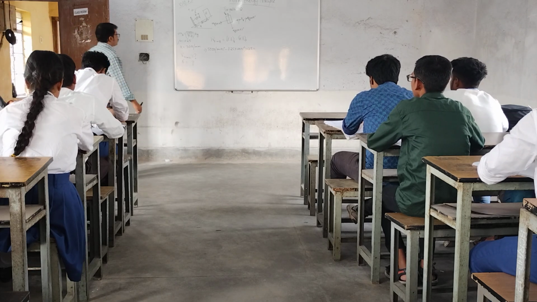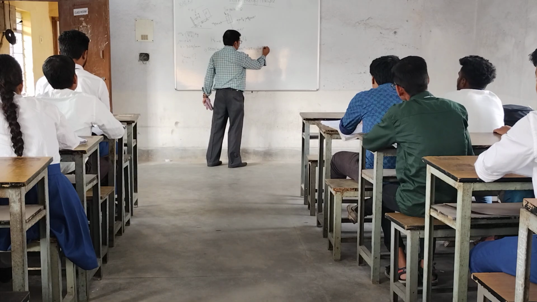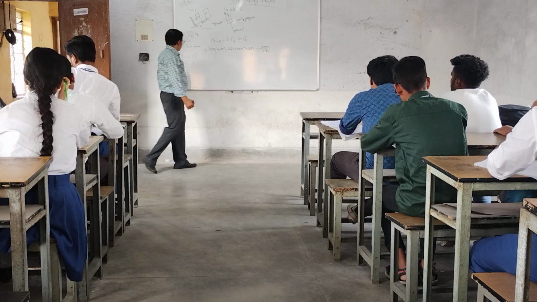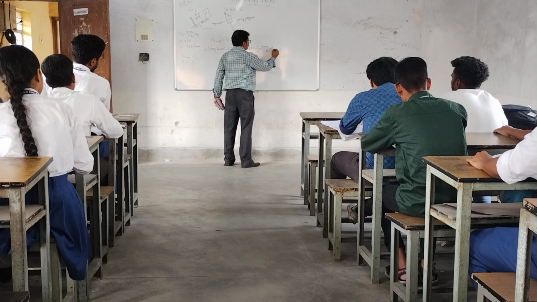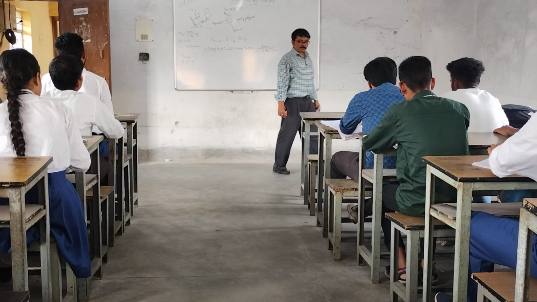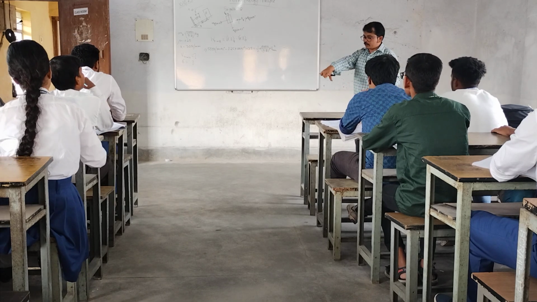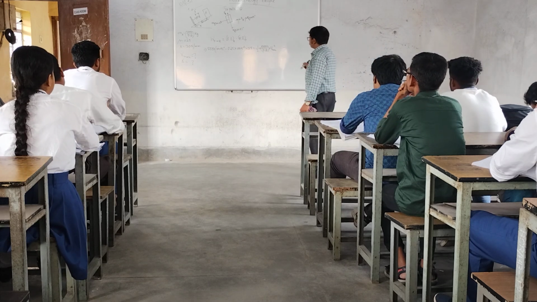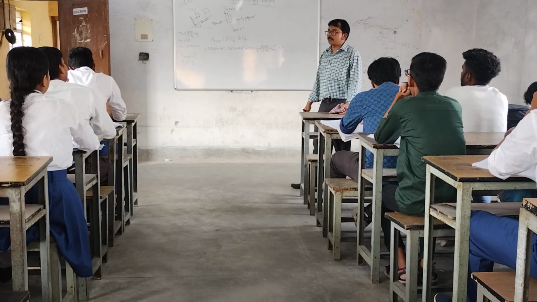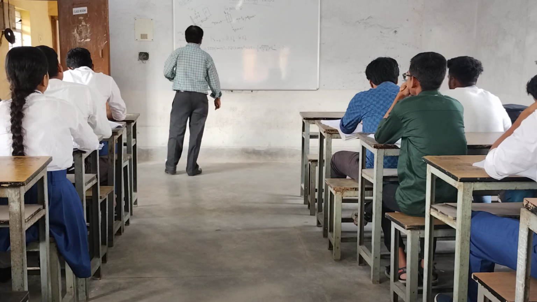So here kinetic energy at Q: half m v square, m means 5,000 by g, into v square, where v is v max. At P, kinetic energy is 0 because it is released from rest.